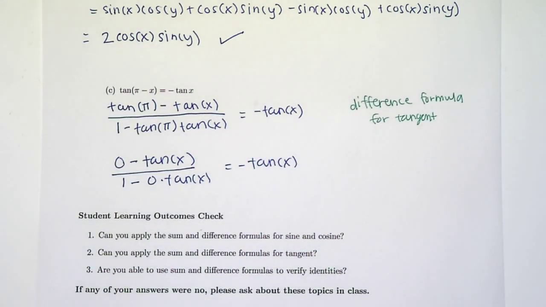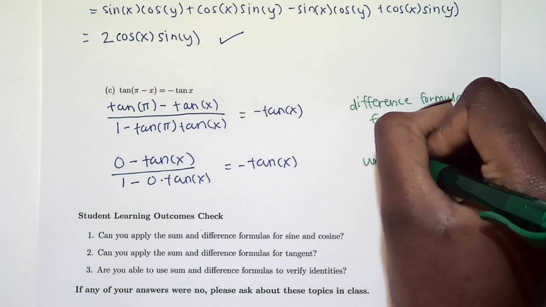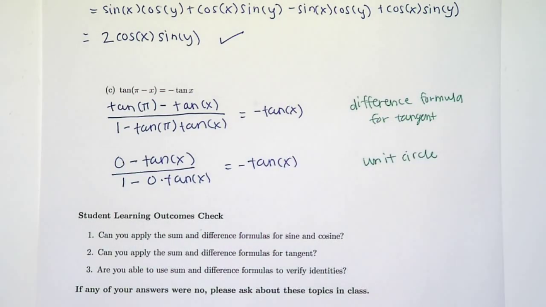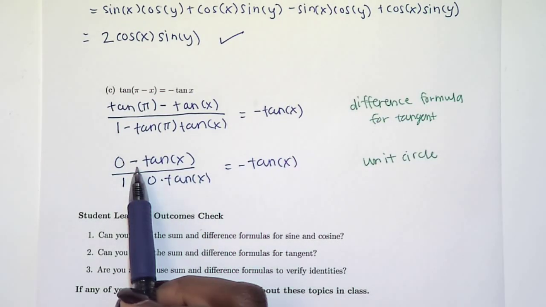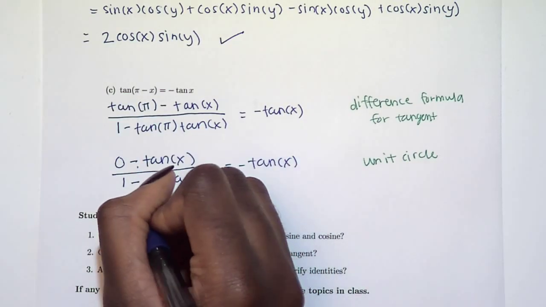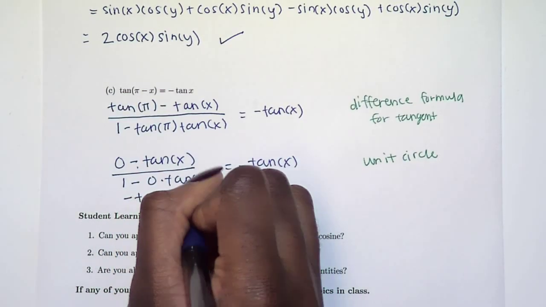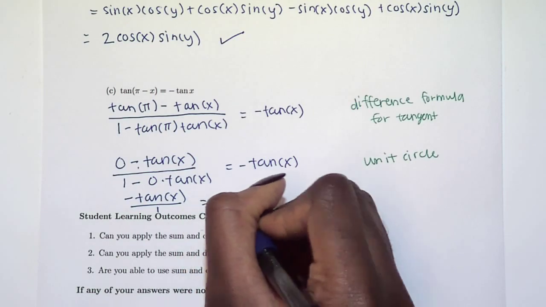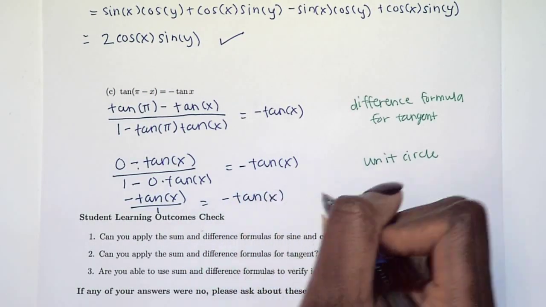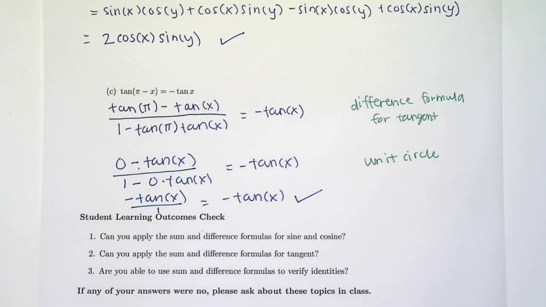This was just the unit circle, or just knowing. So we got negative tangent x divided by 1, which equals negative tangent x, and that's exactly what we were looking for.